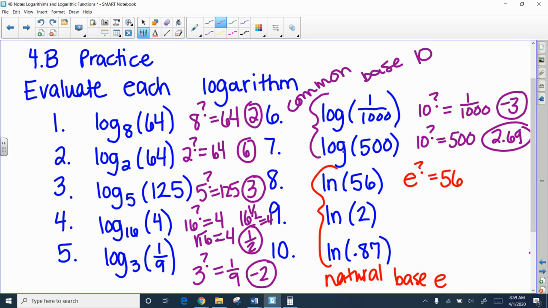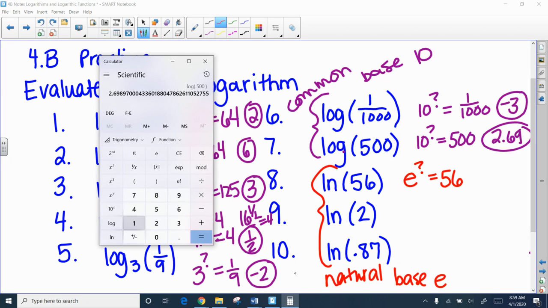Well, we don't know because, again, e is an irrational number. But once again, all of these we can just do on our calculator. So again, make sure you use the correct button. This time we're using the ln, or the natural log. So natural log of 56 is approximately 4.03.